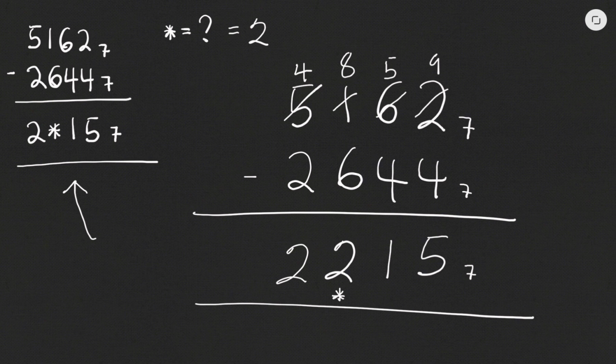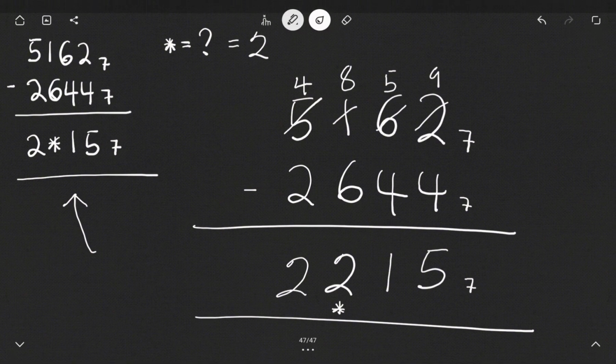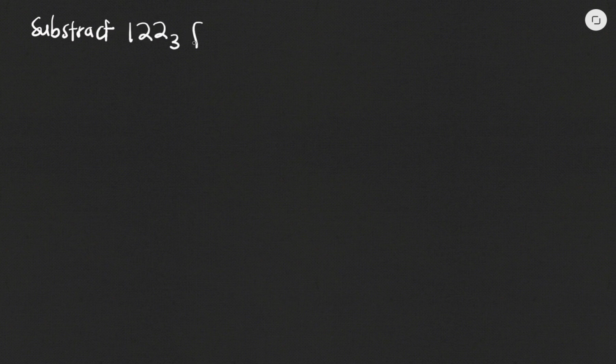All right, let's look at one more example for this particular problem. All right, so we have to subtract 122 base 3 from 1001 base 3.